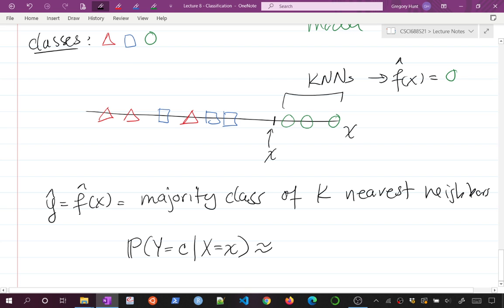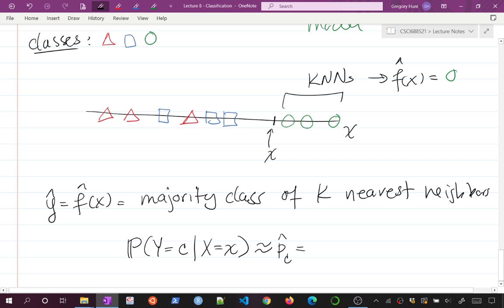So we want to calculate that. We don't know the true relationship between y and x, and our discriminative model is basically just going straight up to approximate that. So we could view k-NN as calculating an estimate of the probability of being class c. Let's call it p_c hat.